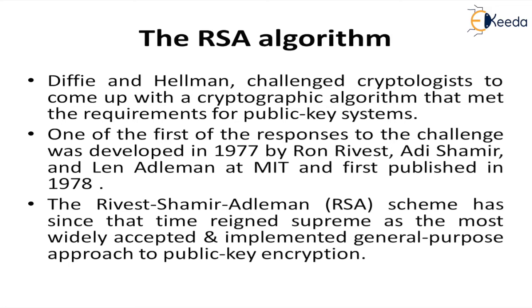One of the first responses to the challenge was developed in 1977 by Ron Rivest, Adi Shamir, and Len Adleman at MIT, first published in 1978. The Rivest, Shamir, and Adleman RSA scheme has since reigned supreme as the most widely accepted and implemented general purpose approach to public key encryption.